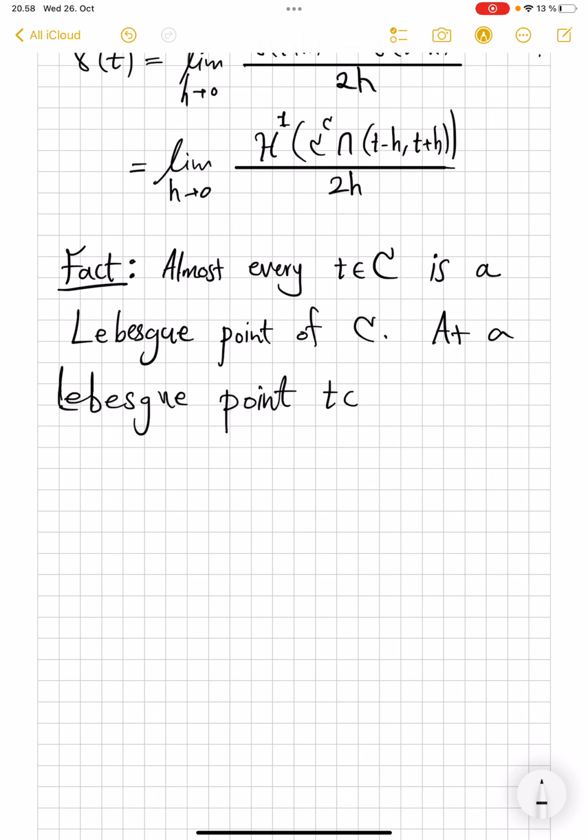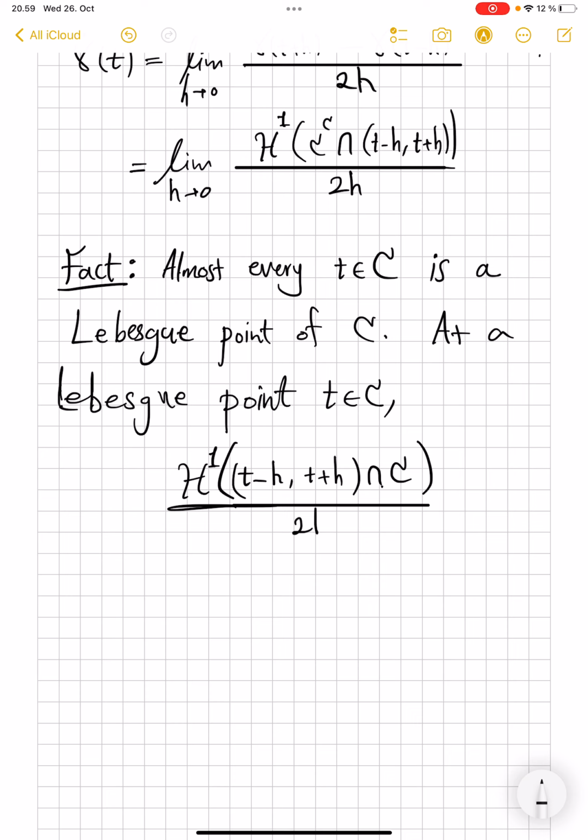If T is a Lebesgue point of C, it means that the balls around T, so we are in dimension 1, it's just like this, pick up almost all, so C picks up almost all the measure in this interval. So that H1 of this divided by the measure of the ball, which is 2h, as h goes to 0 is equal to 1.